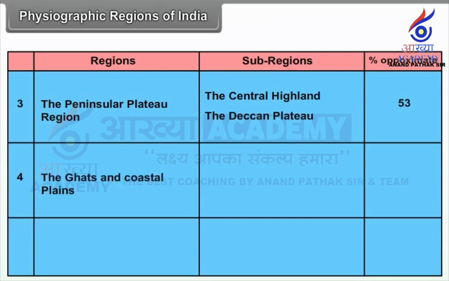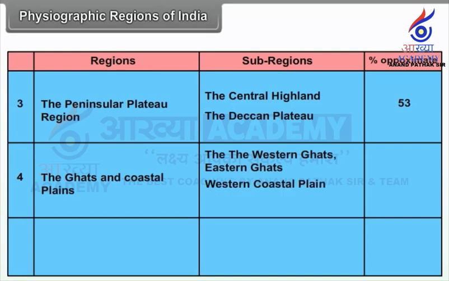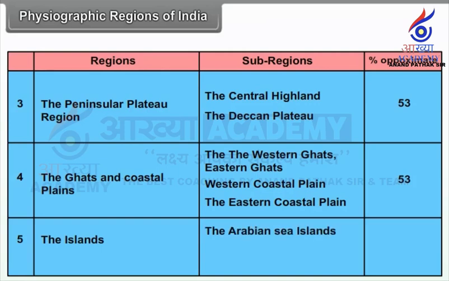The Ghats and Coastal Plains: the Western Ghats, Eastern Ghats, Western Coastal Plain, the Eastern Coastal Plain, 53%. The islands: the Arabian Sea Islands, Bay of Bengal Islands, 53%.